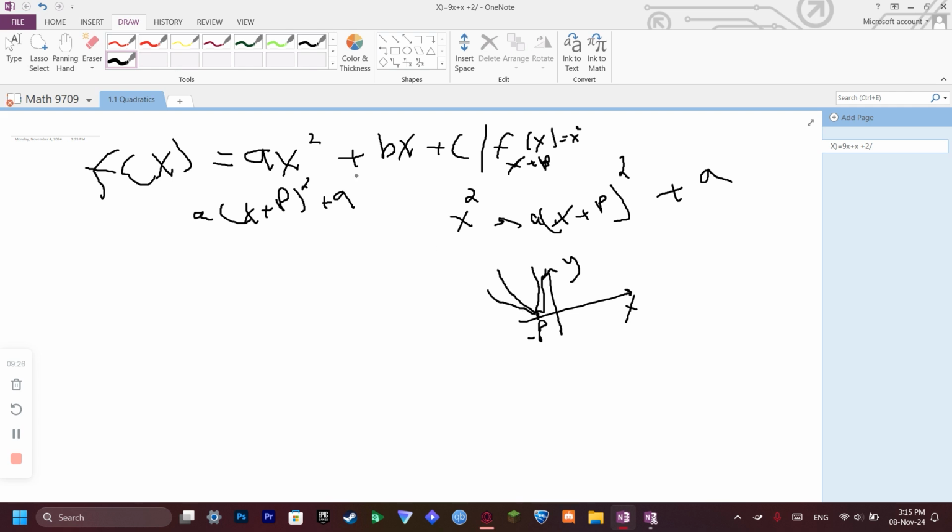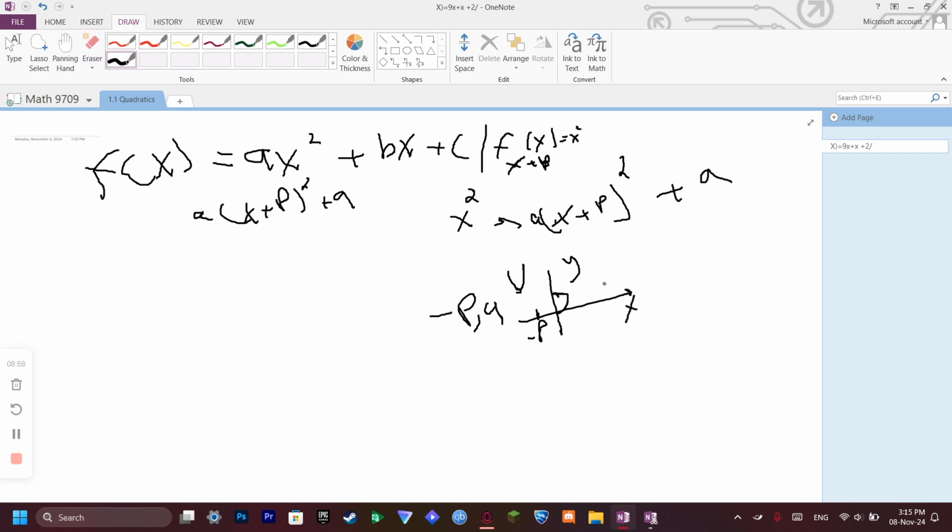And then that's your new graph. And then you added q to the whole thing. So instead of this being your y, you just added q to it. So it became minus p and q. So that's what happens to the turning point.